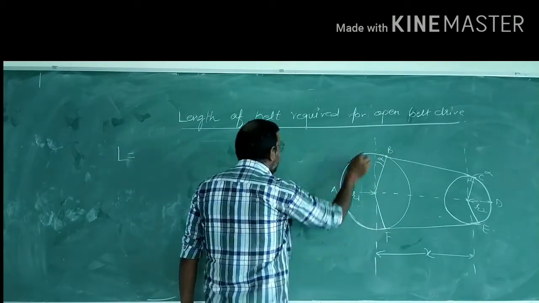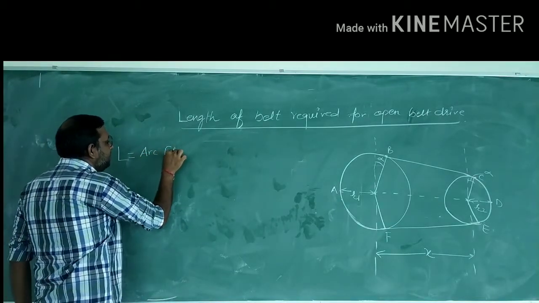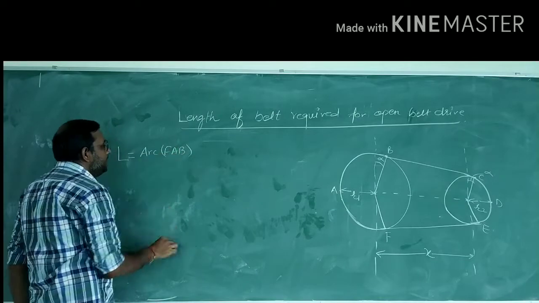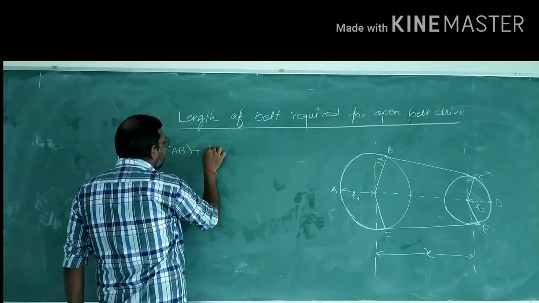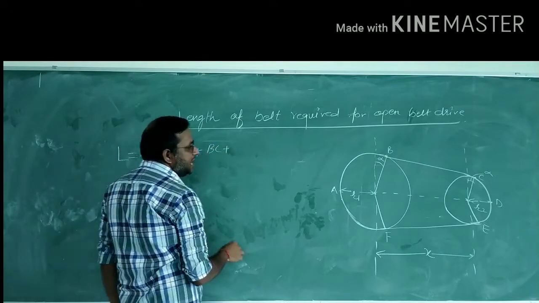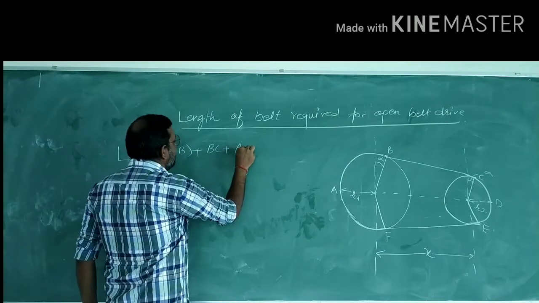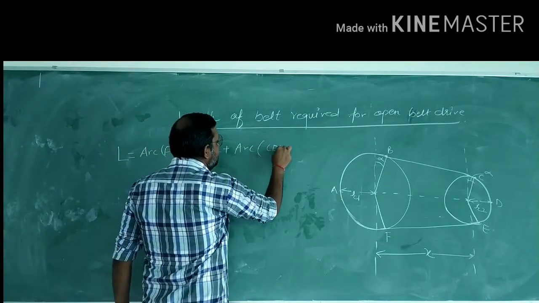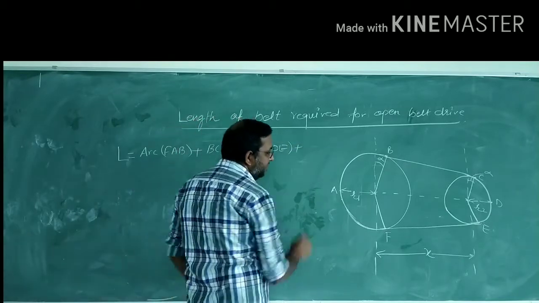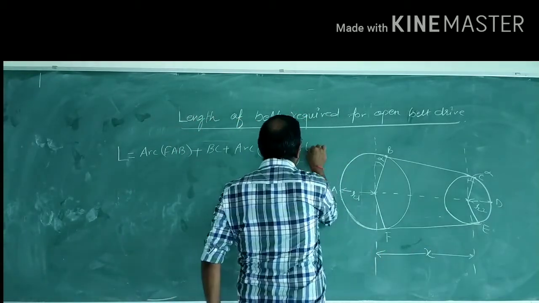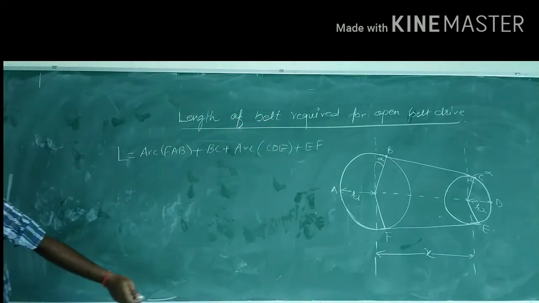So this is arc length FAB, plus this length BC, this is the straightforward length BC part, plus arc length CDE. And what is left? This EF, length EF. Okay.